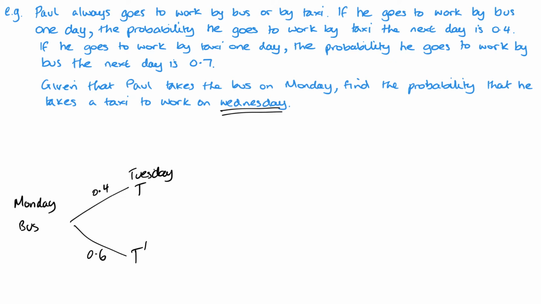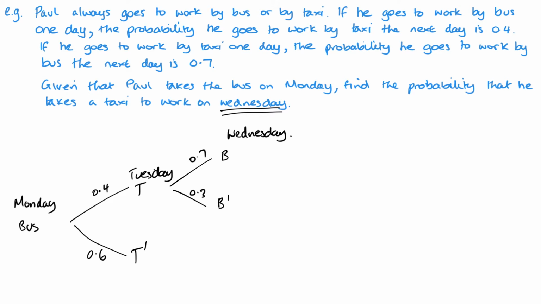Then coming off the taxi, if he takes a taxi to work and he goes by bus next, then that's going to be 0.7. So bus and not bus, 0.7, 0.3, as again, these must total 1. So if he takes a taxi, it's 0.7 that he takes a bus the next day, which will be our Wednesday.